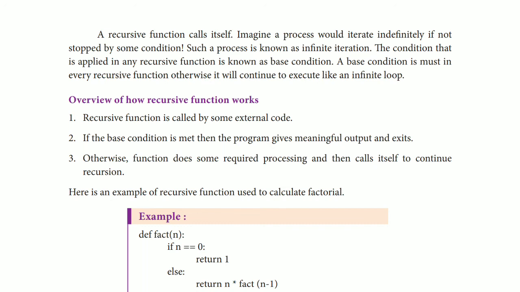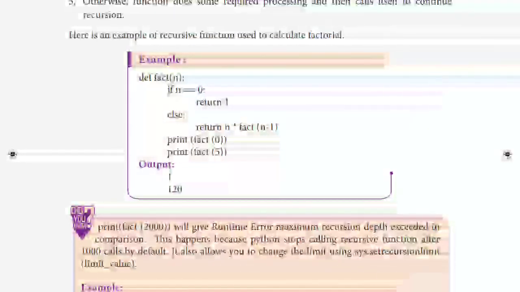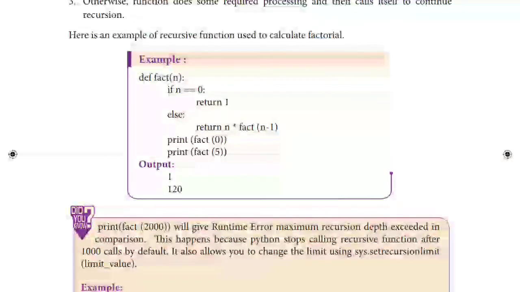For example, define fact(n): if n is equal to 0, return 1, else return n into fact of n minus 1. Here n into fact of n minus 1 is calling itself. So fact of 0 is 1 is printed. Next is fact of 5.